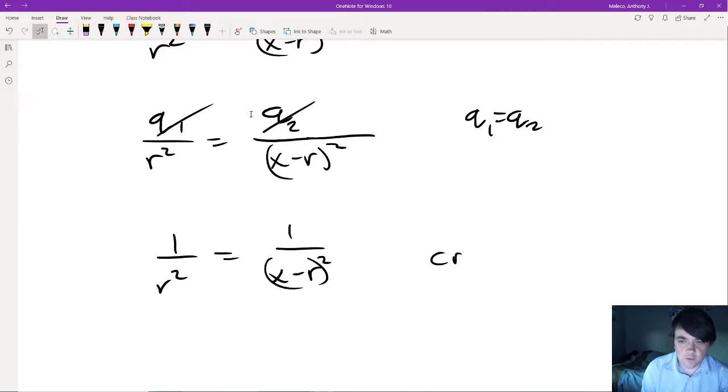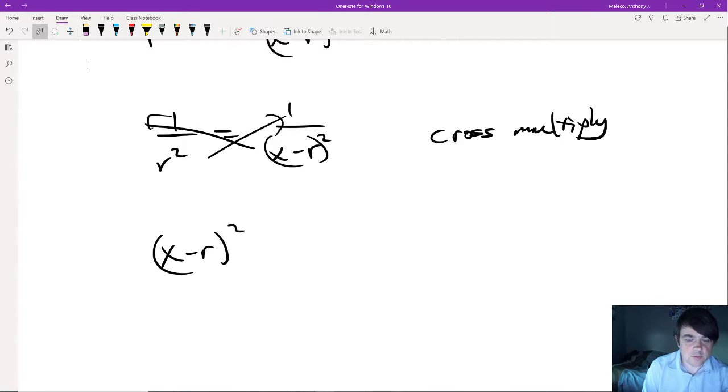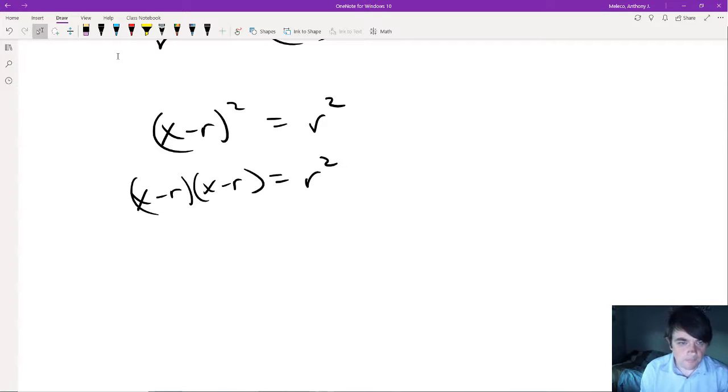So let's go ahead, cross multiply, get rid of the fraction. It's bothering me. So we do that. So we have x minus r squared equals r squared. And now we need to solve for r. So now let's expand it. I could have expanded it before, but so x squared minus 2xr plus r squared equals r squared.